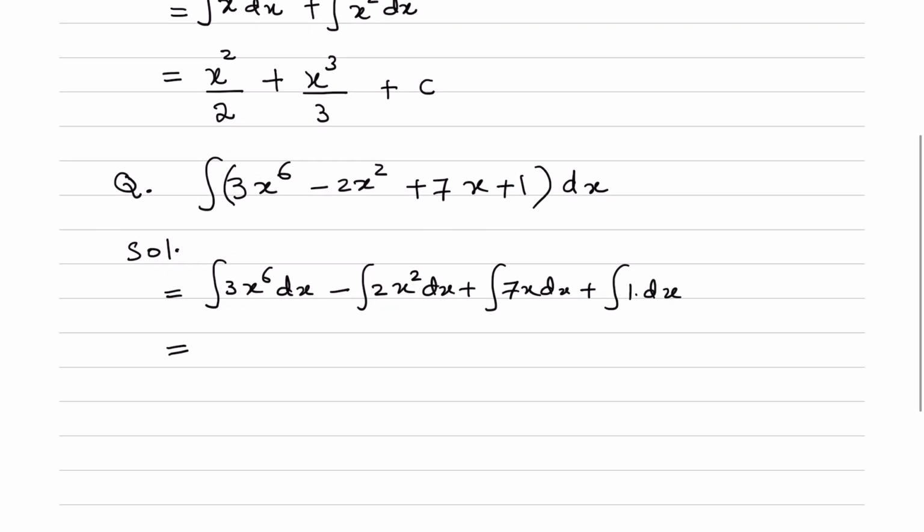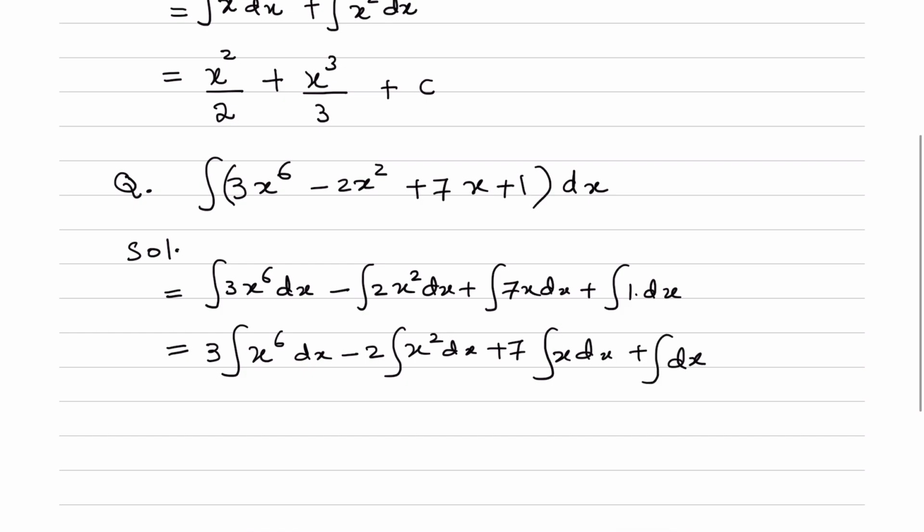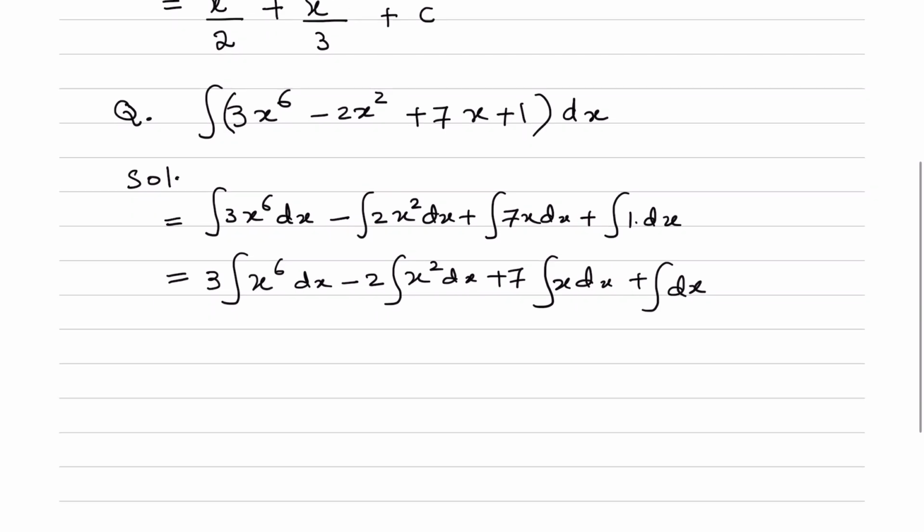Since 3 is the constant, it is outside: x to power 6 dx minus 2 outside x square dx plus 7 outside x dx plus integral dx. We write 1 or we don't write 1, it does not make any difference.